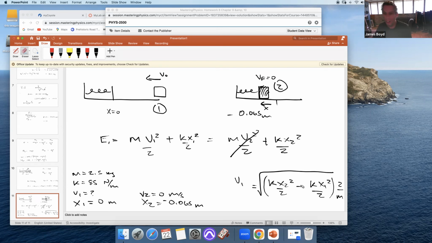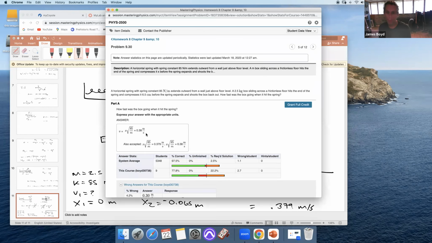So I can actually get rid of this whole term. This term is 0 because x is 0. This term is 0 because it came to rest. Multiply by 2 over m. Now, that ends up being k over m times x2 squared. So 85 divided by 2.5 times 0.065 times 0.065, and then take the square root of this answer. And I get 0.379 meters per second, or 0.38 meters per second.